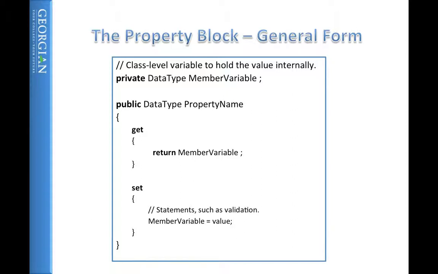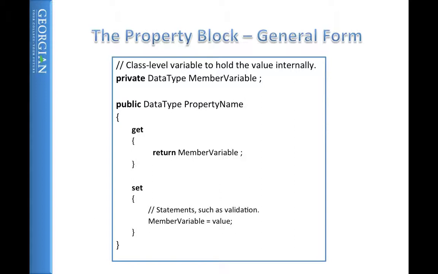Hint: study this because you'll need it. So here's get and here's set. And if you notice, it's inside this other big block called the property name. That property name is the thing that's going to be visible to the user. You're not going to have a different property name for a getter and a setter. You don't need that. And we're going to talk about how you access them.